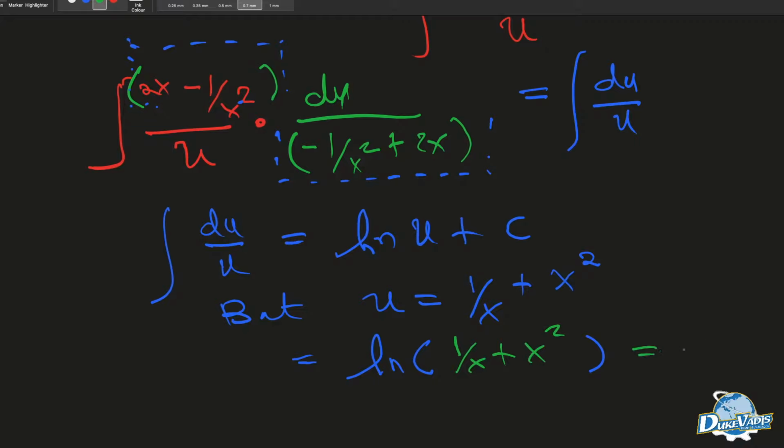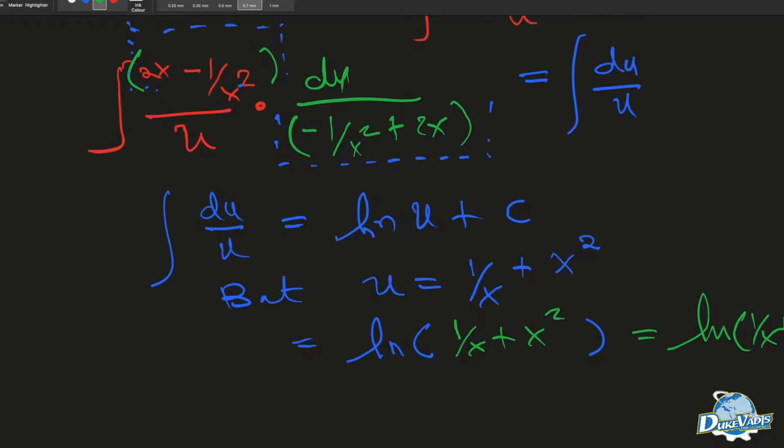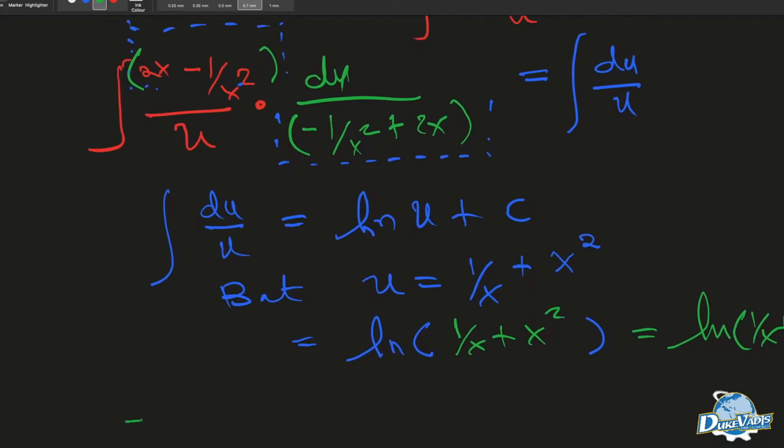So the answer is natural log of 1 over x plus x squared plus c. This is the final answer.